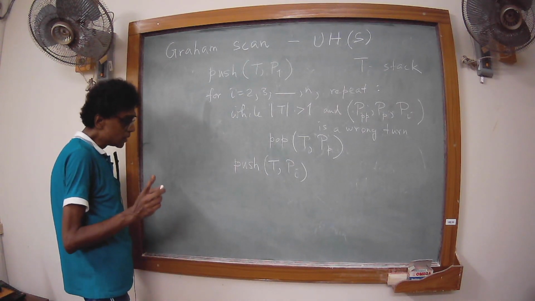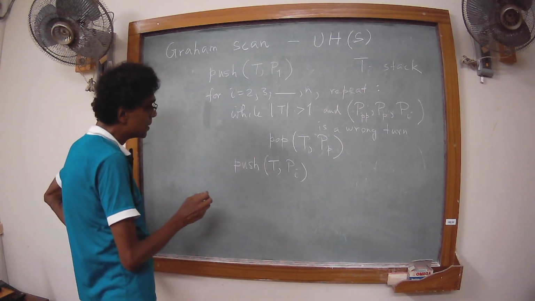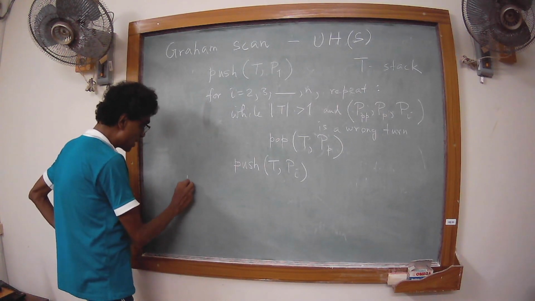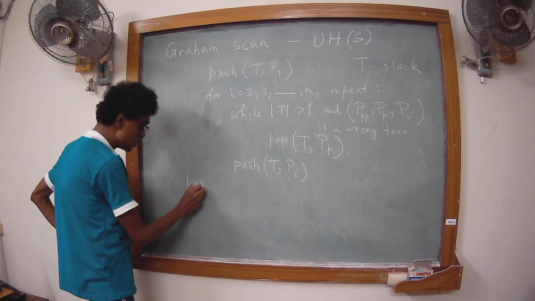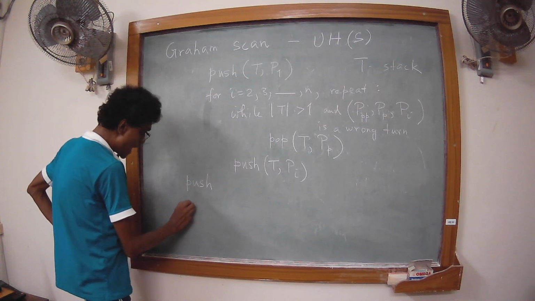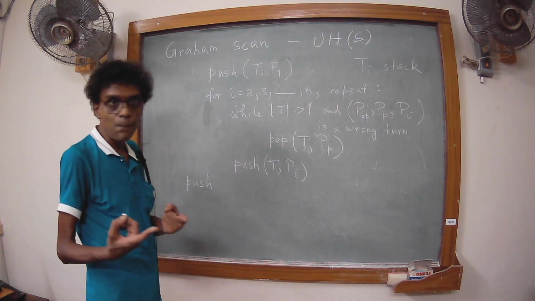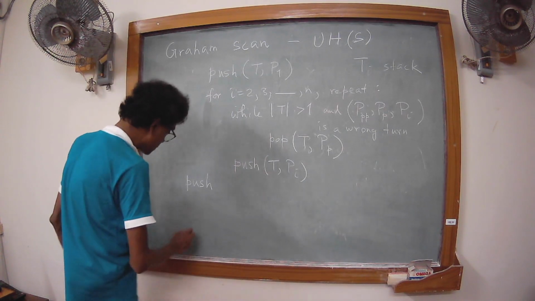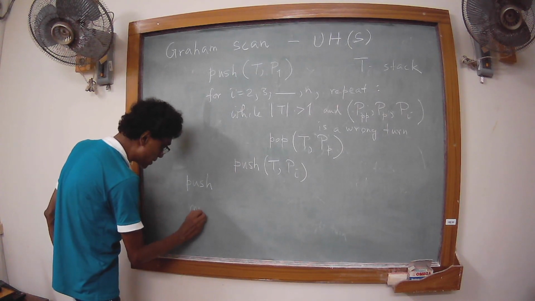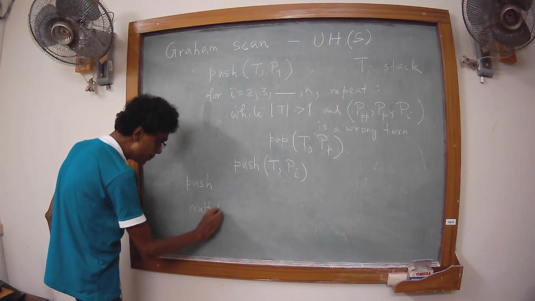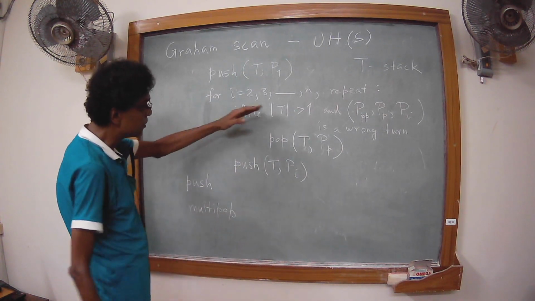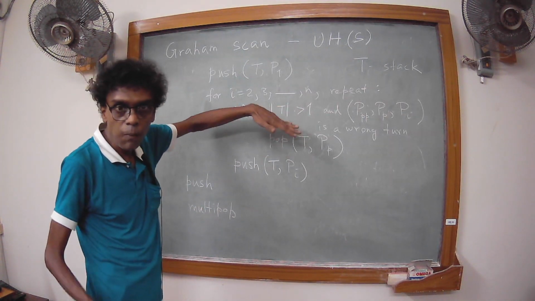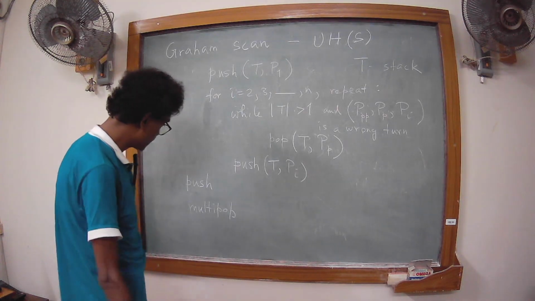I will not deduce it, but you see that the essential operations are push, and each push may be preceded by a multi-pop operation. It's as many times as this loop is executed. It's pop, pop, pop, pop, multi-pop.